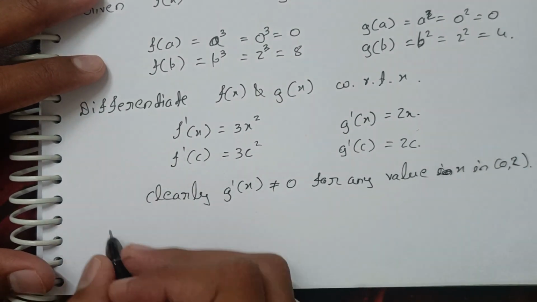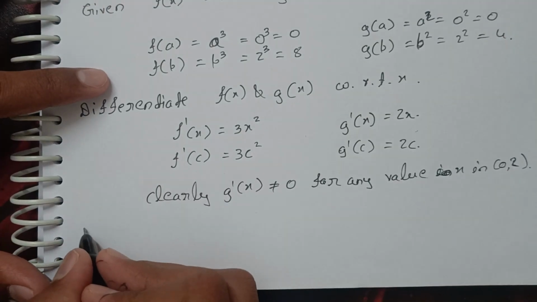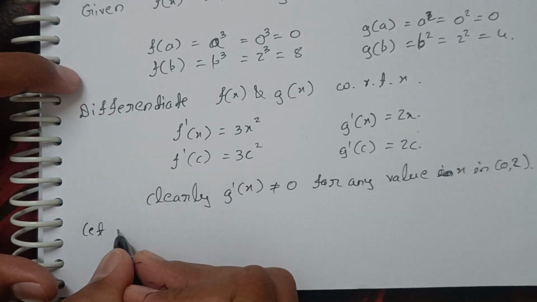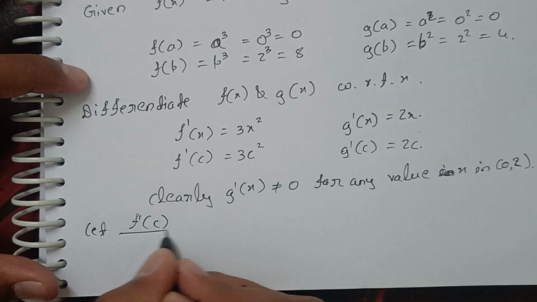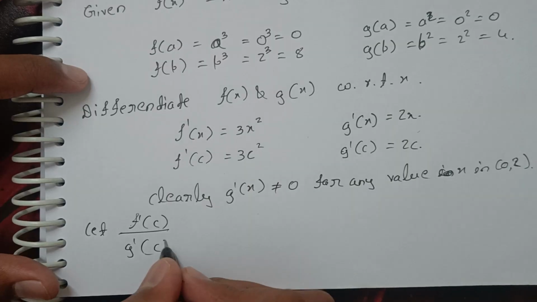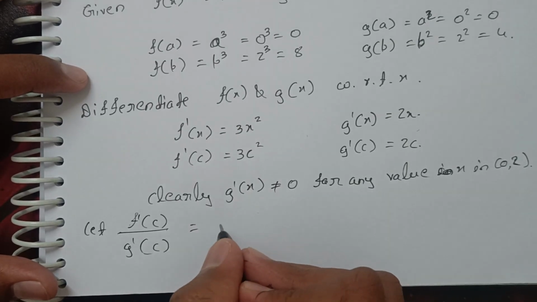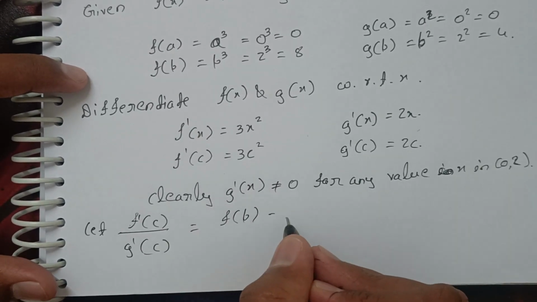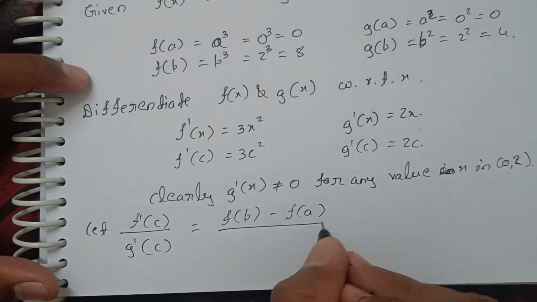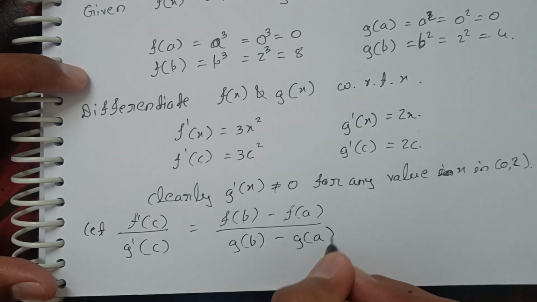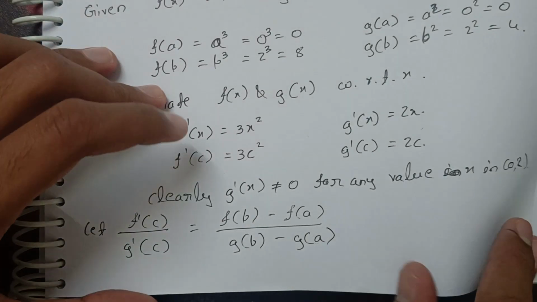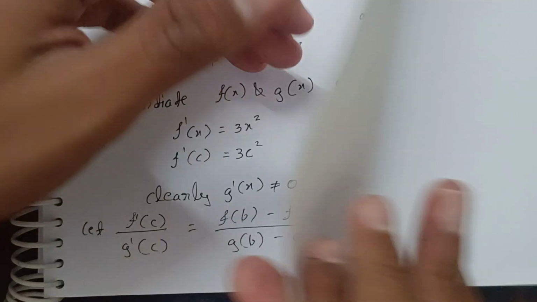So let's prove it by taking the formula, that is, f dash of c divided by g dash of c is equal to f of b minus f of a divided by g of b minus g of a. So this is the formula. Let's solve this with the values.